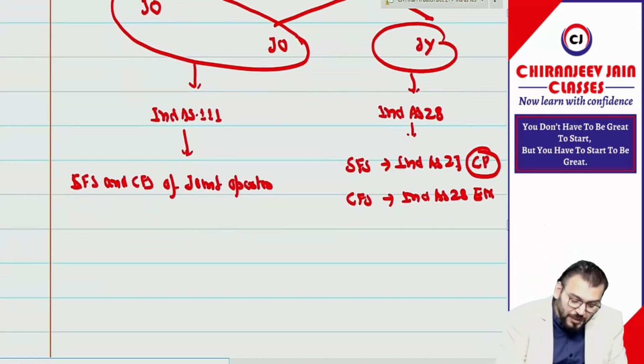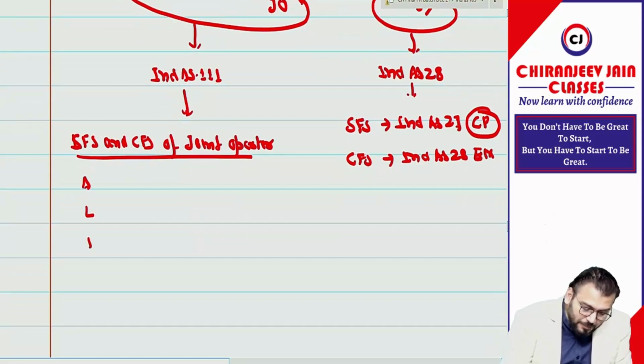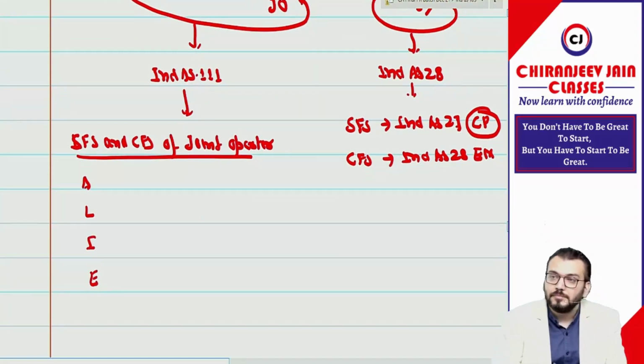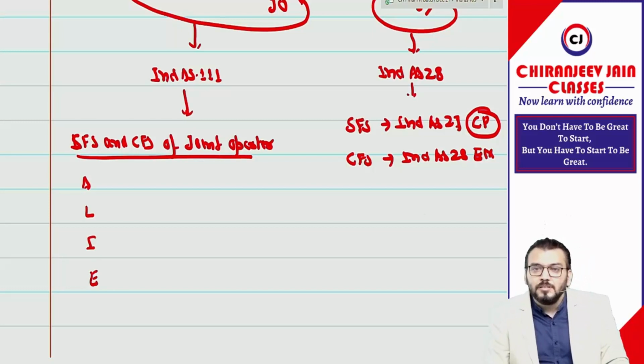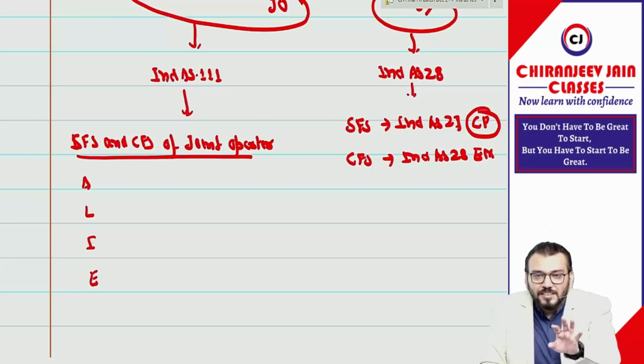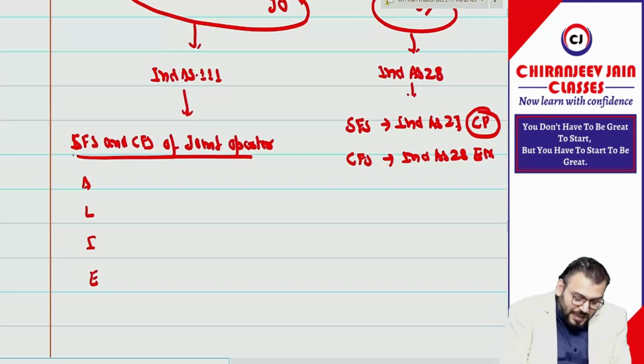So for the joint operator, what will come? Asset will come, liability will come, income will come, expense will come. If this asset, liability, income and expense are recorded in the separate financial statement, they are automatically recorded in the CFS. Therefore, writing in SFS and CFS.